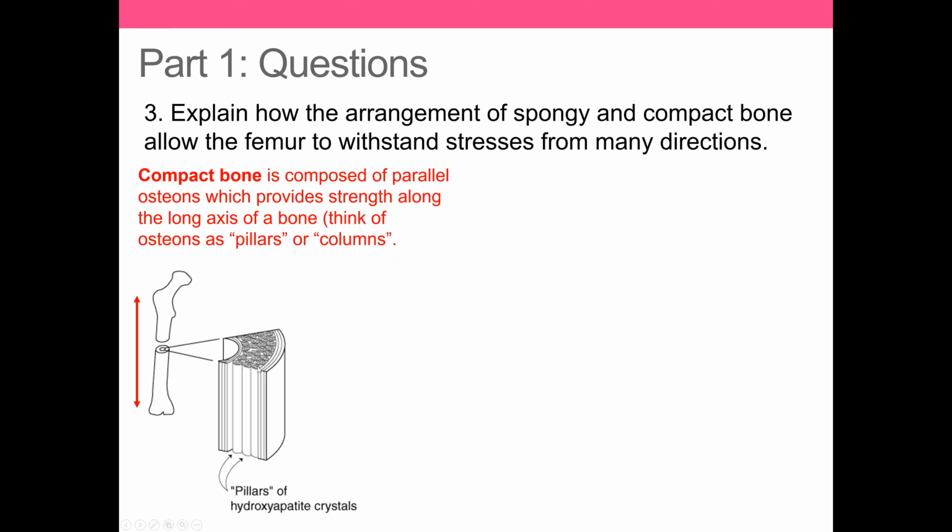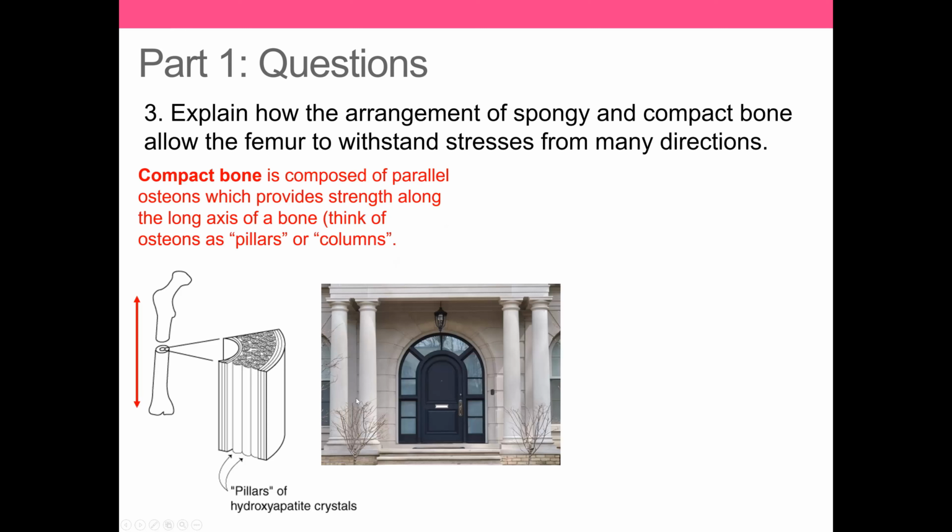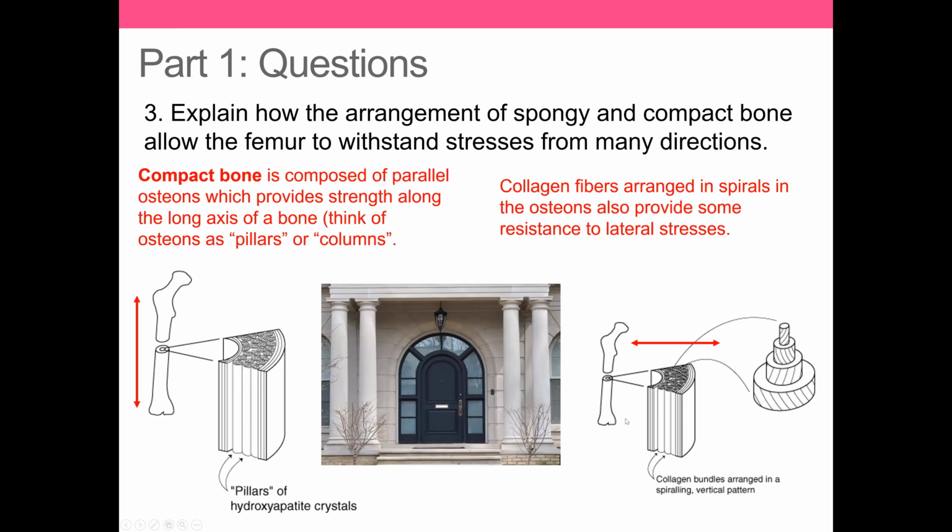So think of these little osteons inside as like pillars or columns, and so they help support the bone and provide strength along the axis of the bone the same way that columns and pillars work to support buildings and roofs. Furthermore, the collagen fibers are arranged in spirals inside the osteons, and this also provides some resistance to lateral stresses, which would be stresses that are perpendicular to the long axis of the bone.